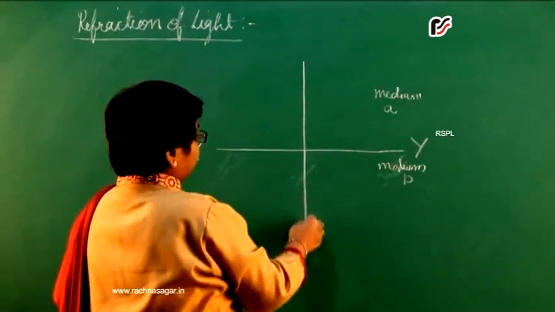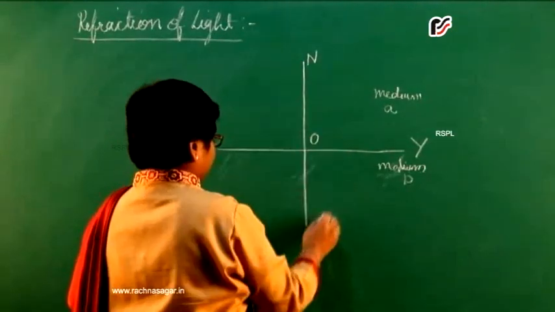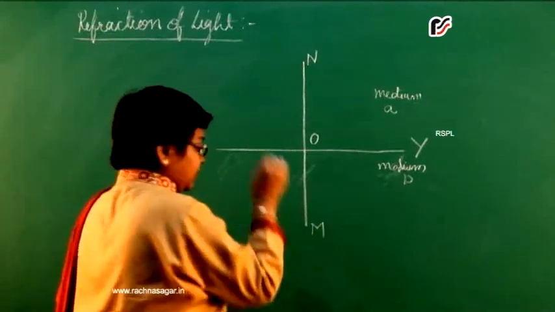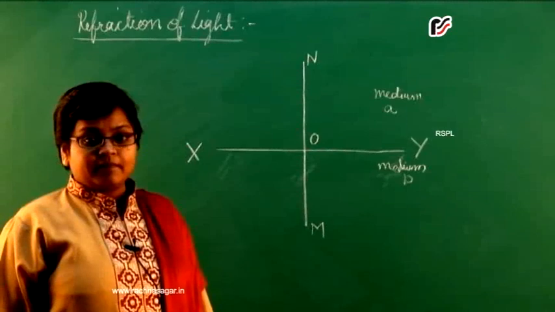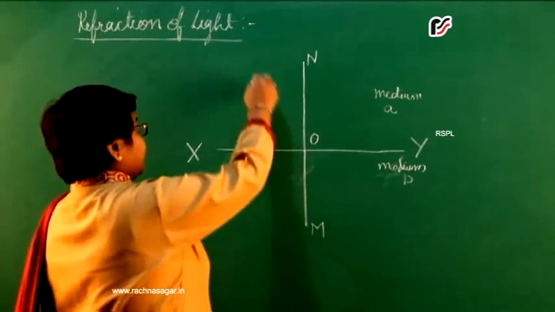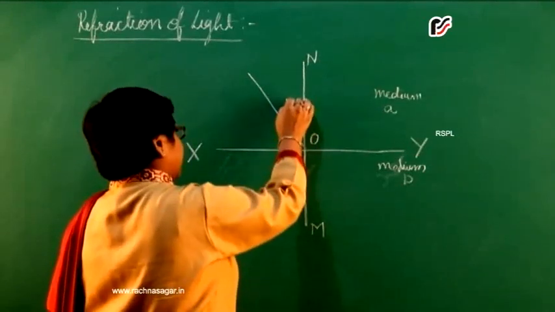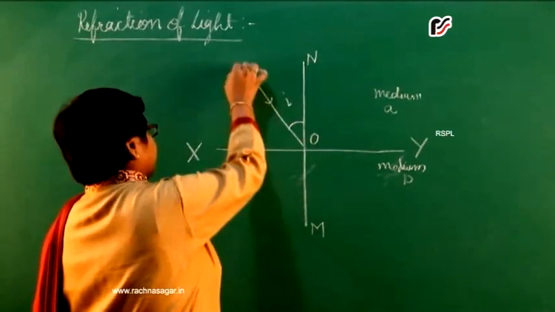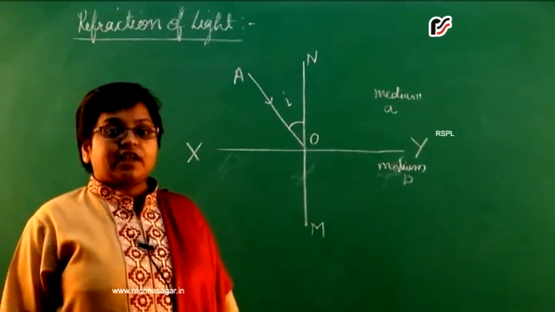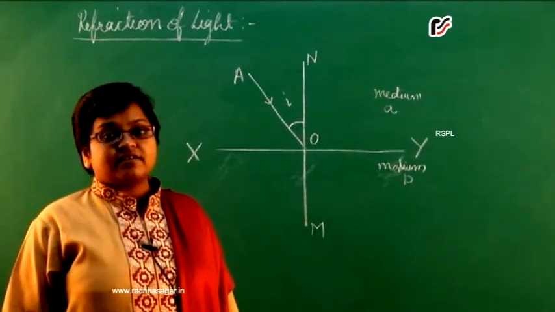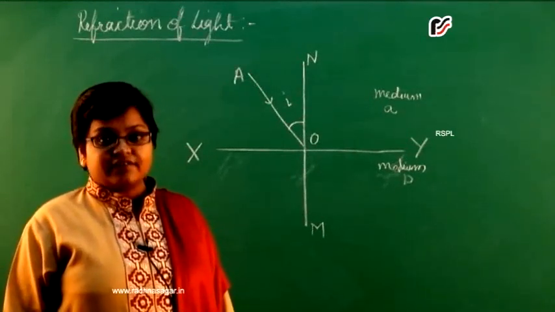There is a normal to the interface of the two mediums, NOM. The phenomenon of bending of a ray of light as it passes from one transparent medium to another is known as refraction.